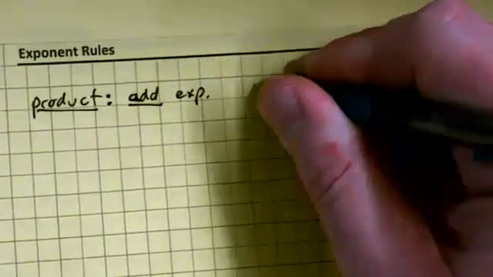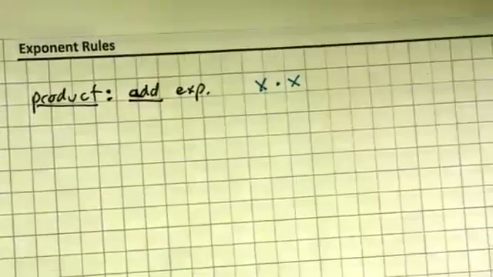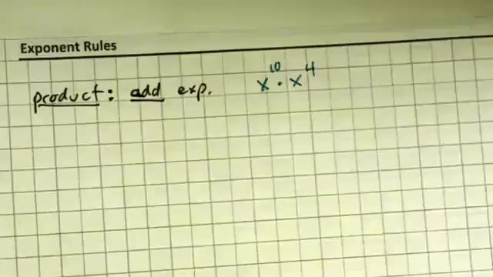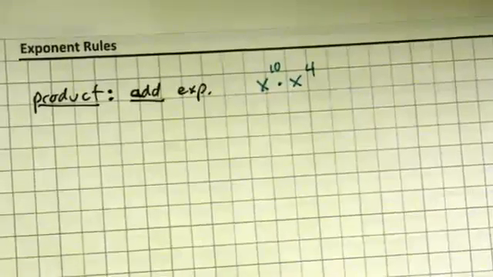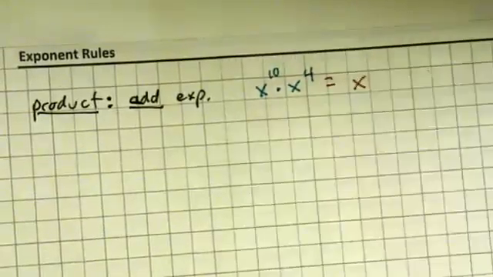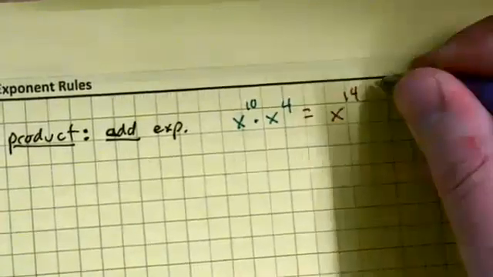Let's do x times x. So give me some exponents. 10 and 4. So if I did x to the 10th times x to the 4th, my answer would be x to the 14th. And I'm going to make myself a little thought bubble here.